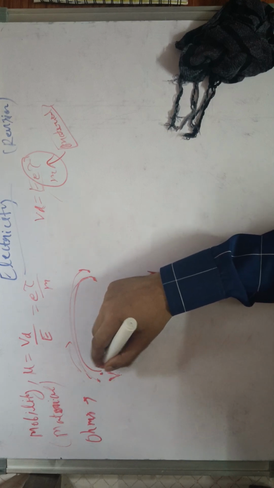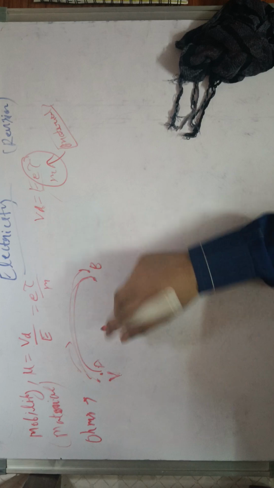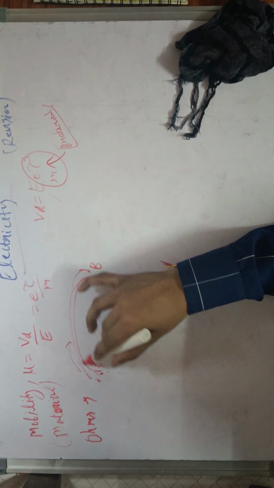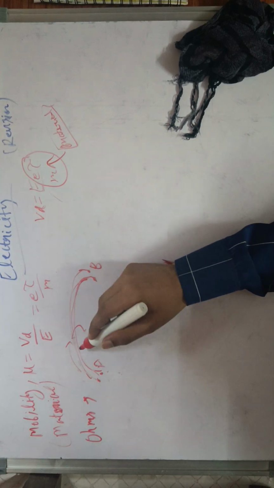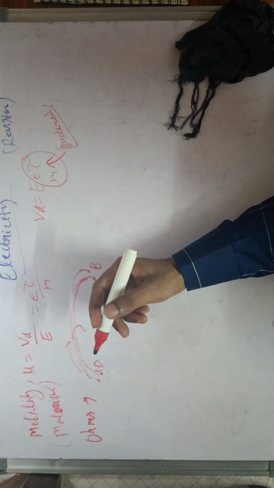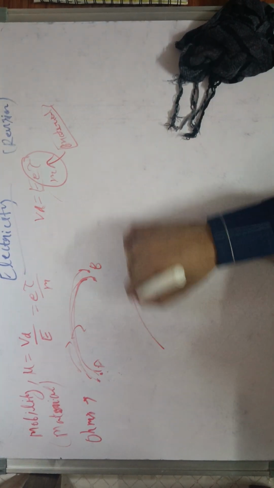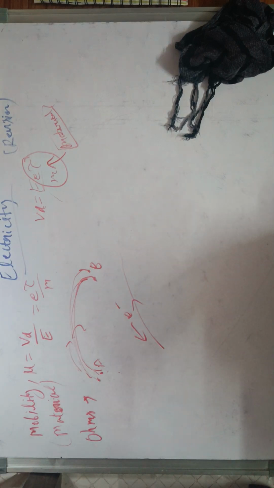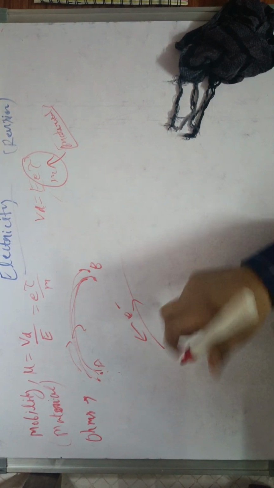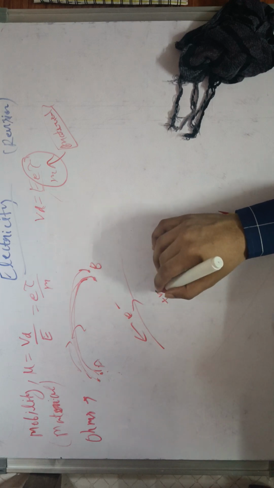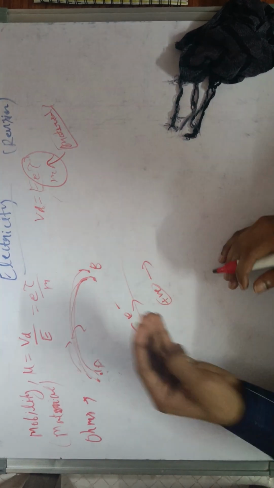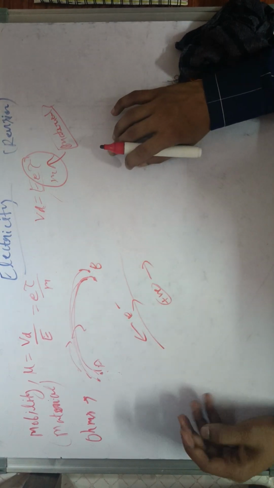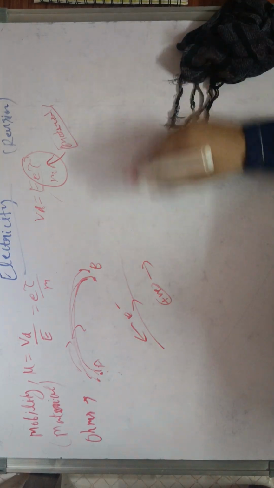Let's say this is higher potential A and this is lower potential B. Then the electric field points from higher potential to lower potential, and the current will also flow in the direction of the electric field, because electrons move opposite to the field. Negative charge moving in one direction is equivalent to positive charge moving in the opposite direction, so we can say that the current is flowing in the direction of the electric field.